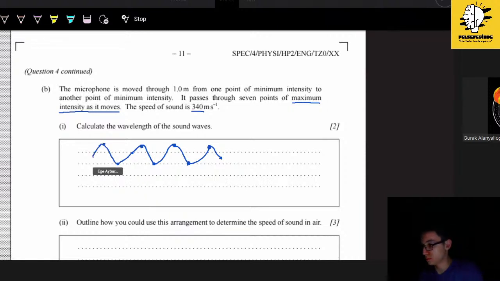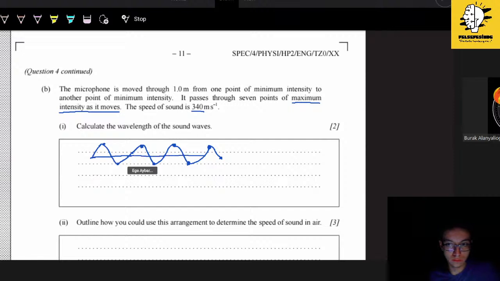So it says it is moved through 1 meter from one point of minimum intensity to another point. So we know that from minimum intensity, how many wavelengths is it going through? This is 1. This is 2. And this is 3. And we have another half wavelength here. So we have 3.5 wavelengths.